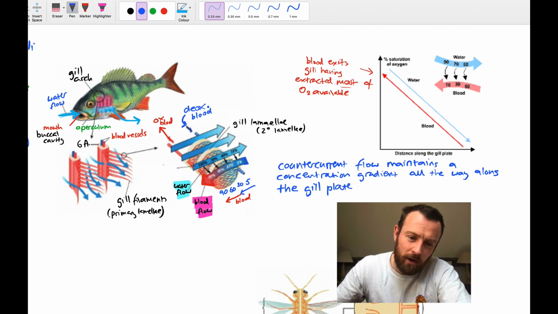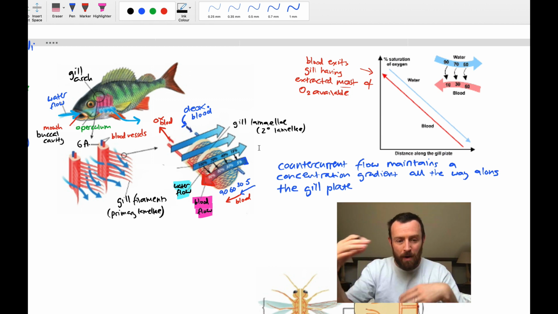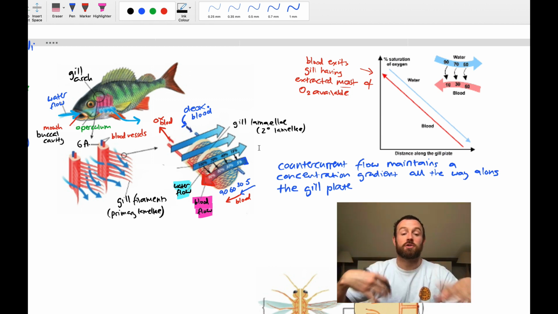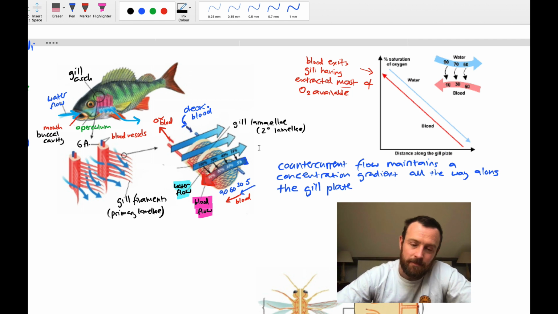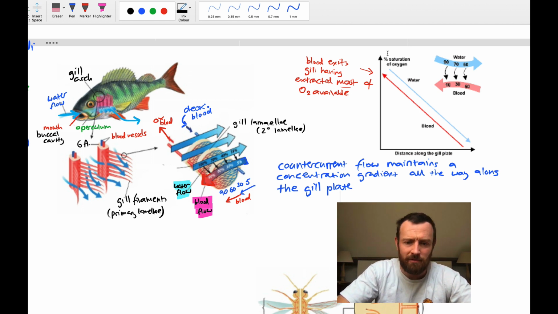Okay, so all the way along this, there is a not constant, but there is a maintained gradient, a difference between the water and the oxygen, which allows more oxygen to be extracted. Okay, so that is the fish. Fantastic system there from the fish, one of my favorites.